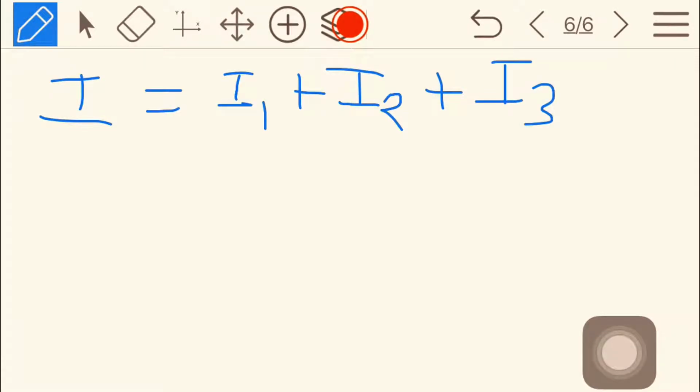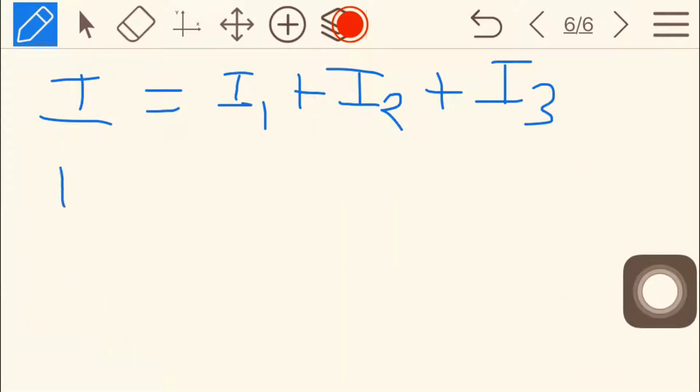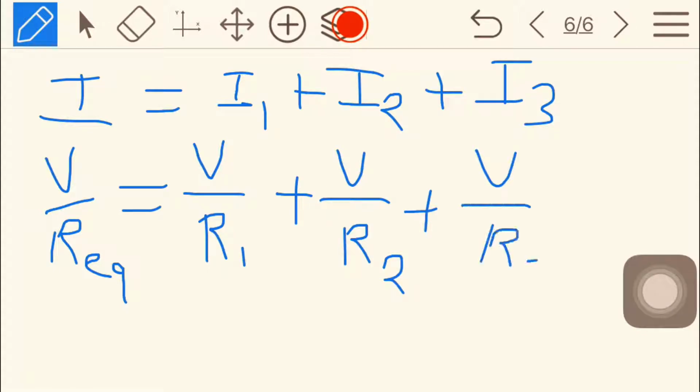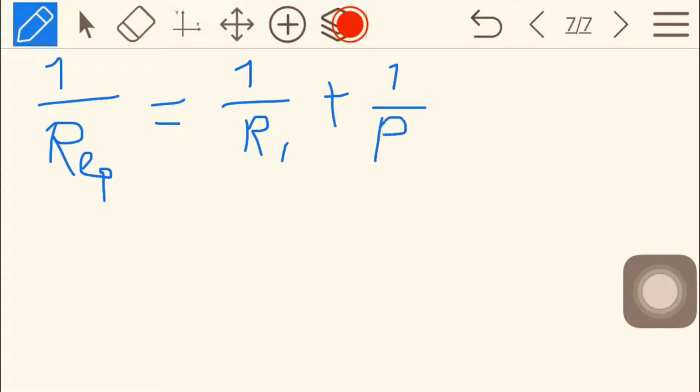Since the resistors are in parallel combination, the total current I is equal to I1 plus I2 plus I3. So V by Req is equal to V by R1 plus V by R2 plus V by R3. And again V cancels out, so we get 1 by Req is equal to 1 by R1 plus 1 by R2 plus 1 by R3.